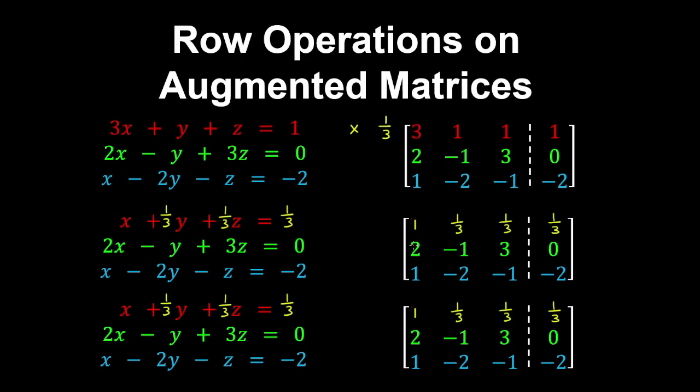So the next goal would be to get rid of x from the second and third equation. So what we do is subtract 2 multiplied by row 1 from the second equation, and we subtract 1 multiplied by row 1 from the third equation.